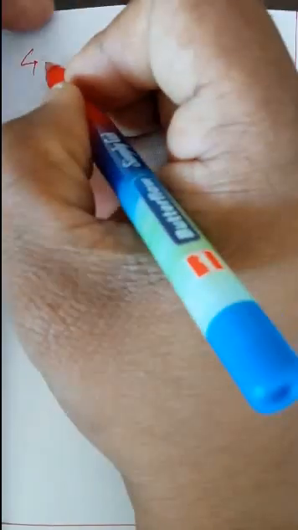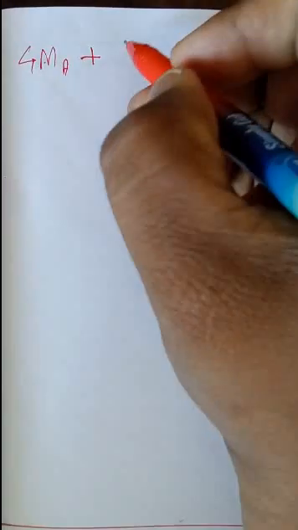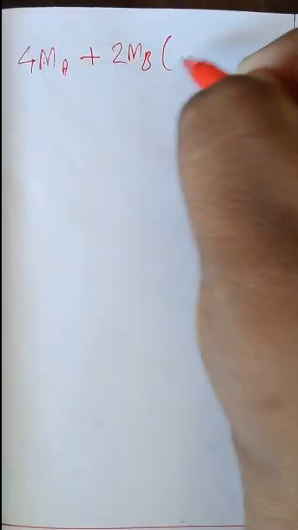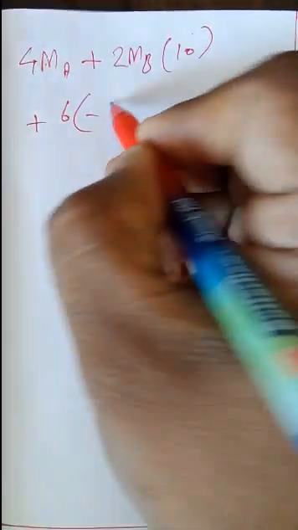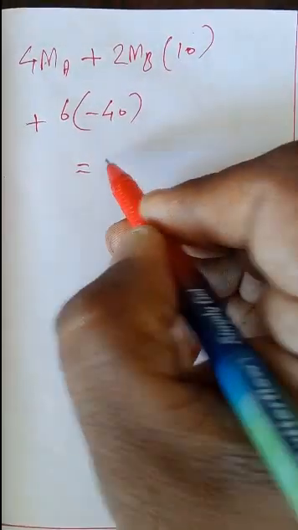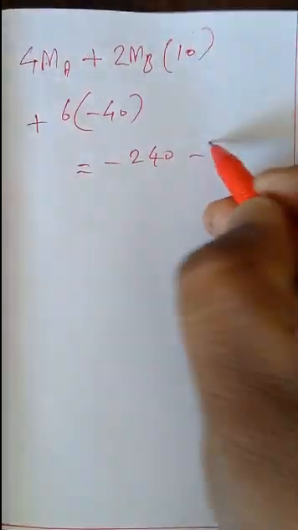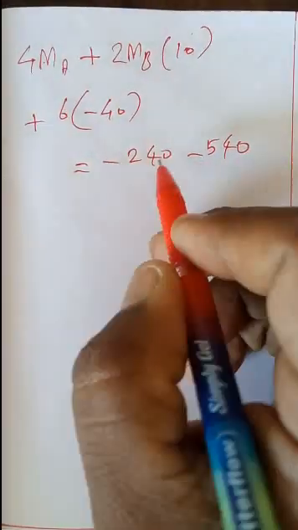So rewriting the equation again, we have 4 MA plus 2 MB into 10 plus 6 into MC, which is minus 40, equal to minus 240 minus 540 after simplification.